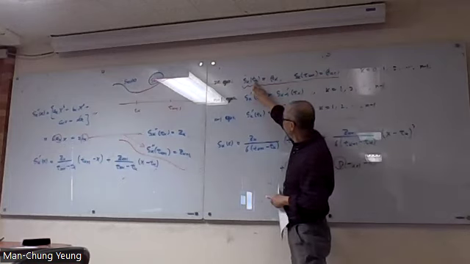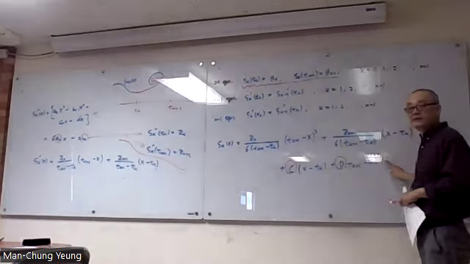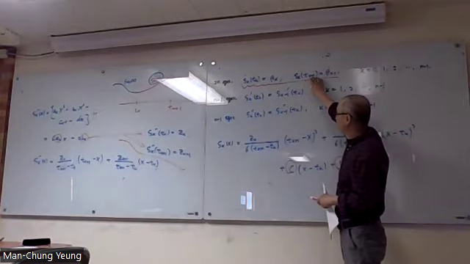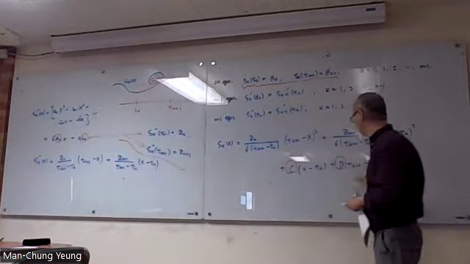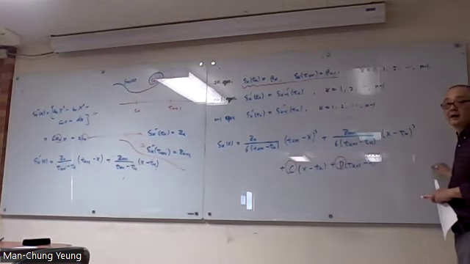Plug in tk into x, then set the result to beta k. Plug in tk plus 1 into x, then set the result to beta k plus 1.